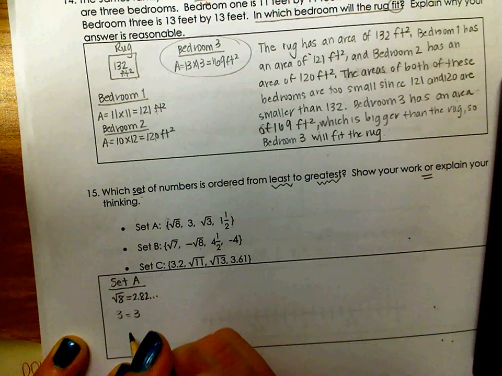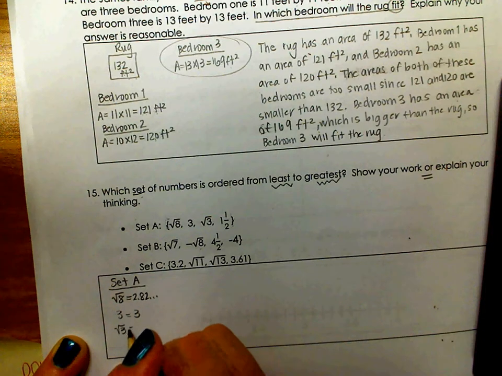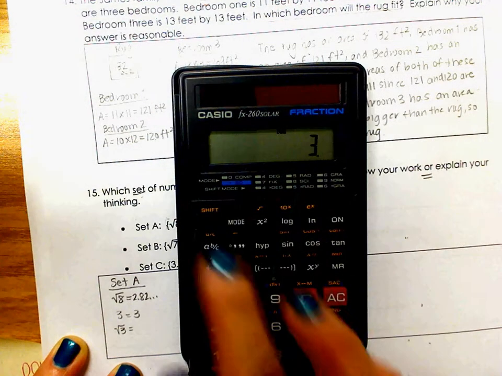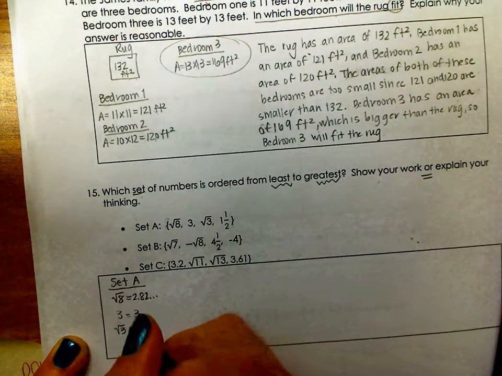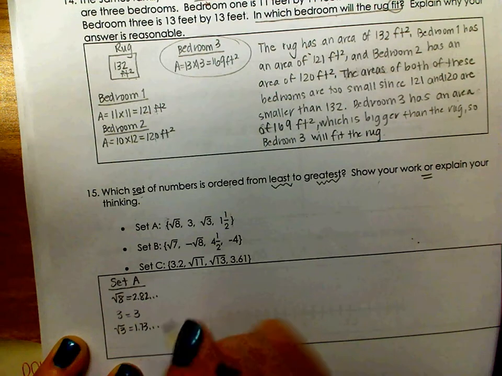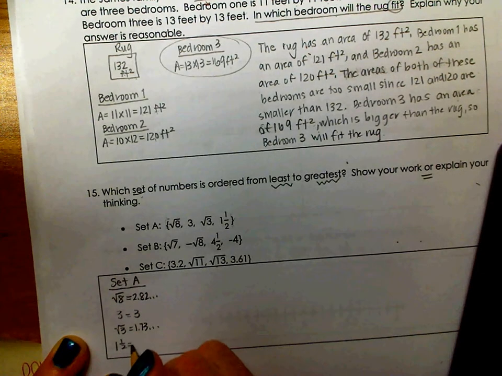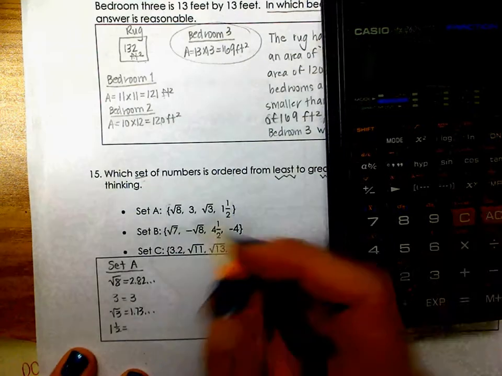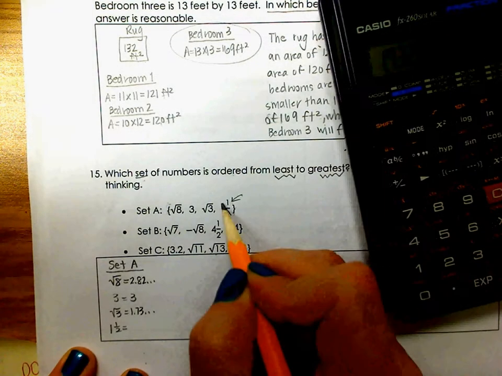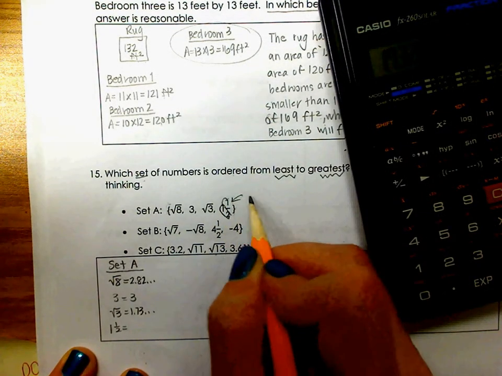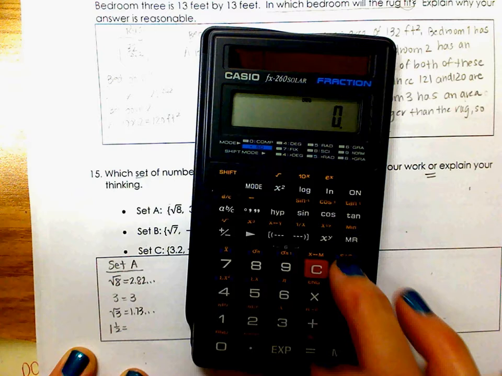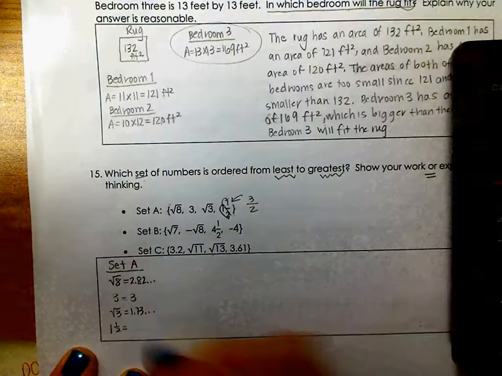Square root of 3 equals 3 shift x squared, 1.73, dot, dot, dot. And then 1.5, remember you can change that to an improper fraction, so 2 times 1 is 2, plus 1 is 3 over 2. What is 3 divided by 2? It is 1.5, okay?